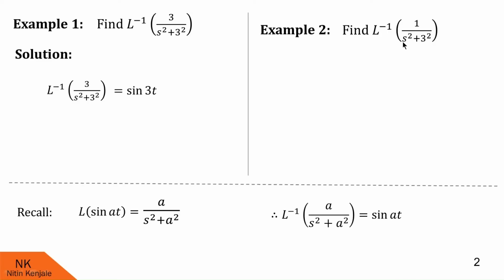For that, we have to first bring 3 over here in the numerator. To do so, I will multiply and divide this function by 3. So L inverse of 1 upon s square plus 3 square can be seen as 1 by 3 into L inverse of 3 upon s square plus 3 square, which is equal to 1 by 3 into sin 3t. I hope you guys understood this answer. Now let us proceed for next example.